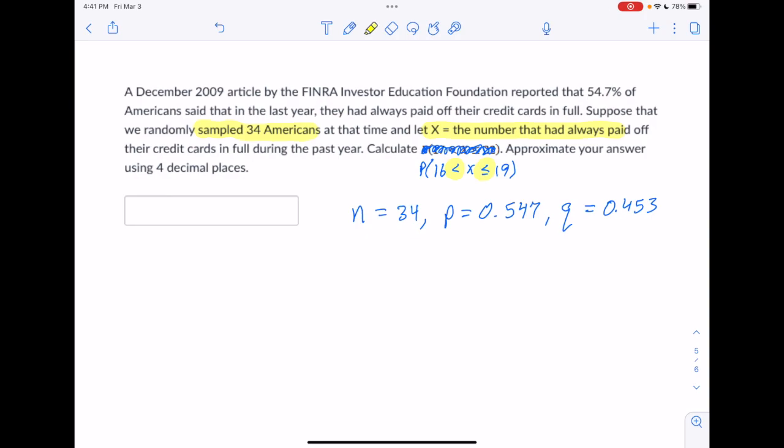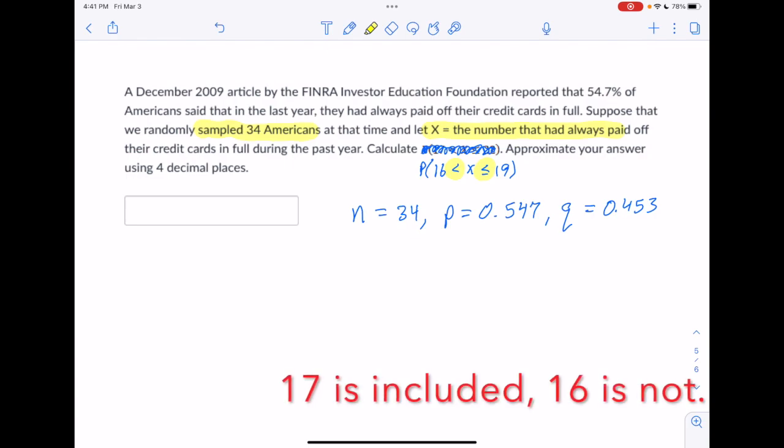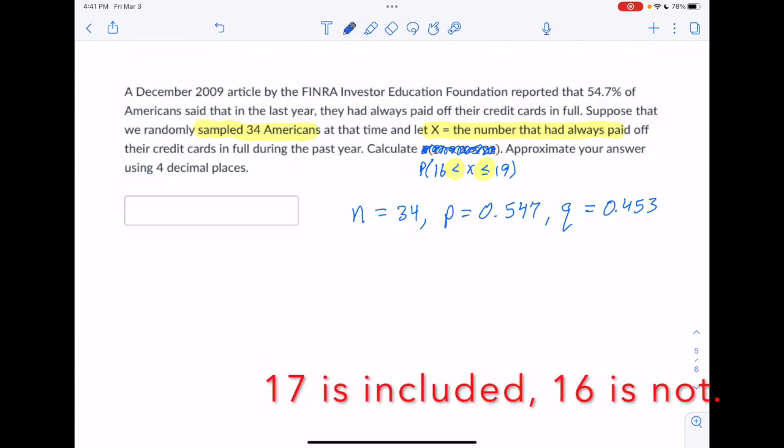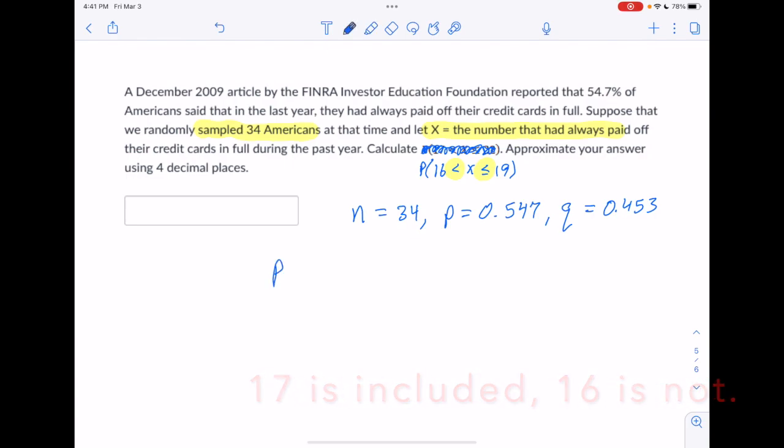So we want the numbers X between 16 and 19, including 19, but not including 16 because of the difference in the symbols. So, since this is discrete and can only be whole numbers, we're looking at the probability of 17 plus the probability of 18 plus the probability of 19. And we're going to want to add those together.